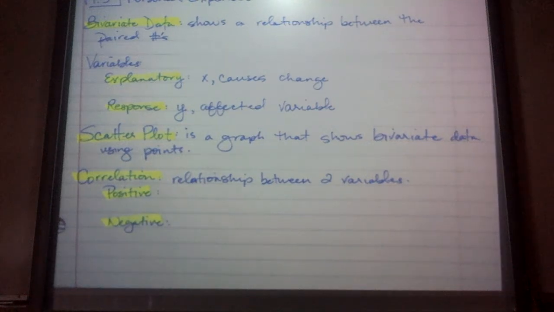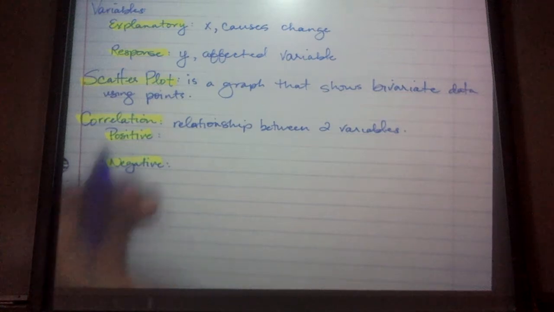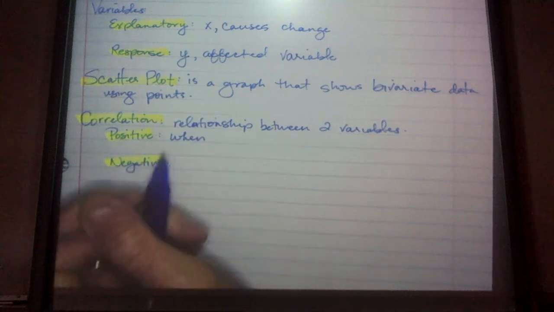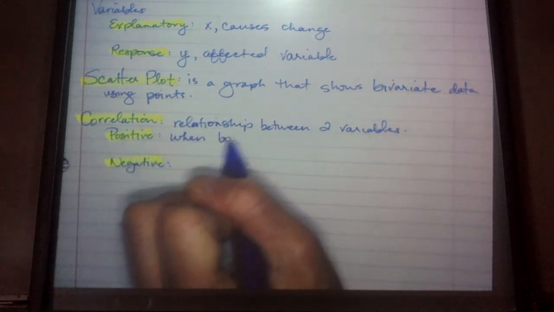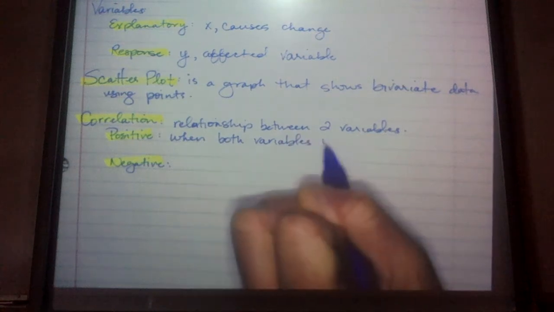So a positive correlation is a relationship in which they're both increasing at the same time. For example, a positive relationship is when x is increasing and so is y. So I'm just going to put when both variables increase.